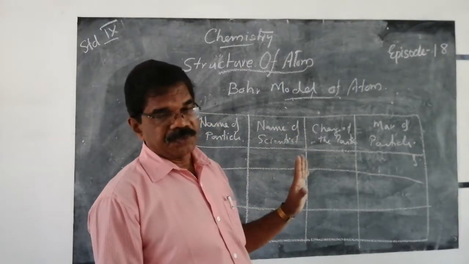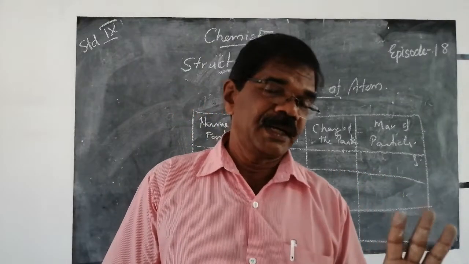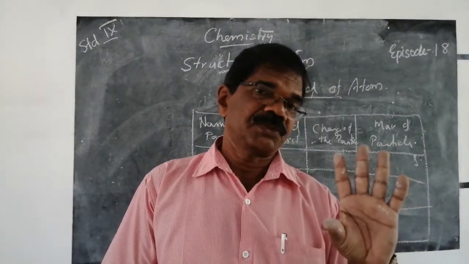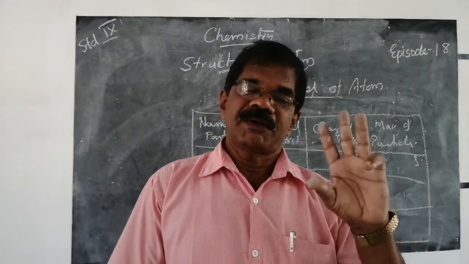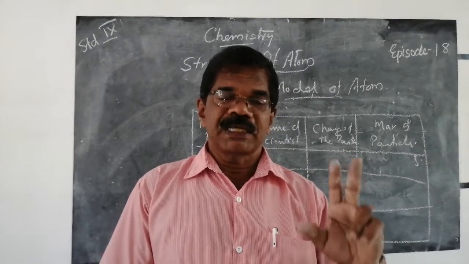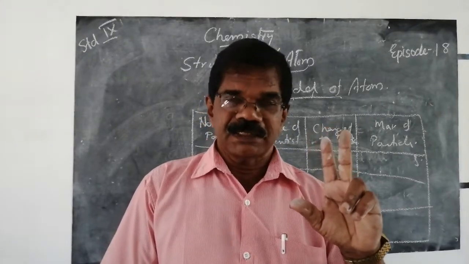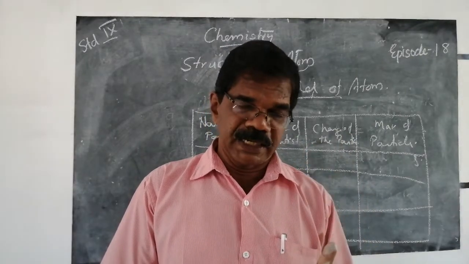Then from the passage, you can make a number of questions and ask yourself. What is the center of atom? What are nucleons? Which are the particles? What is the positive particle present in the atom? Which is the negative particle present in the atom?